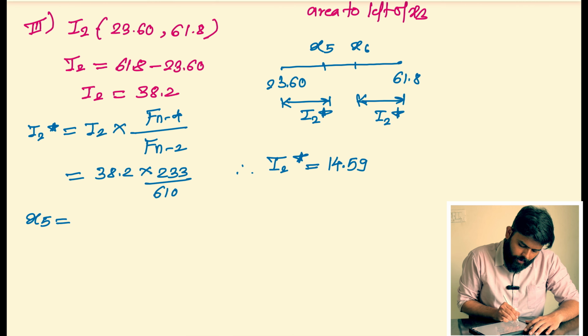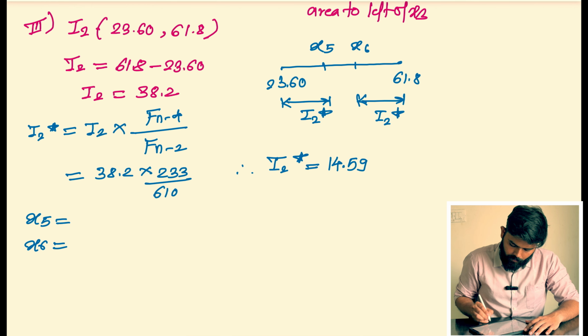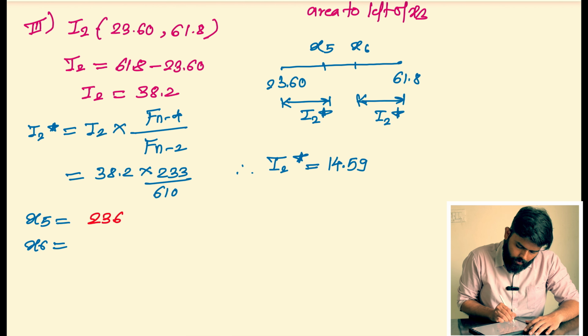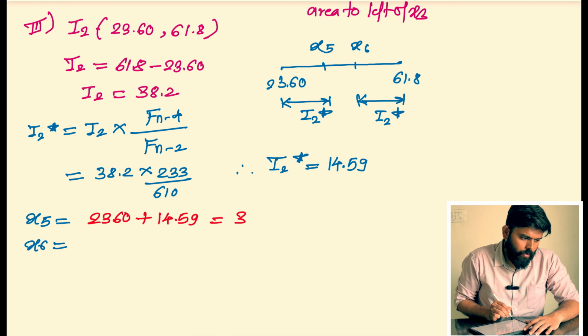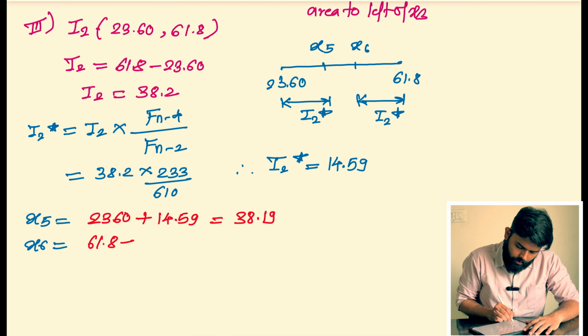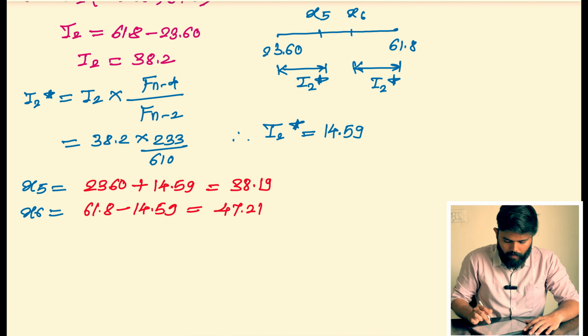Okay, so mathematically we can calculate x5 and x6. x5 will be 23.60 plus I2 star, that is 14.59. The value is 38.19, and x6 will be 61.8 minus I2 star, that is 14.59. Thus the value is 47.21.